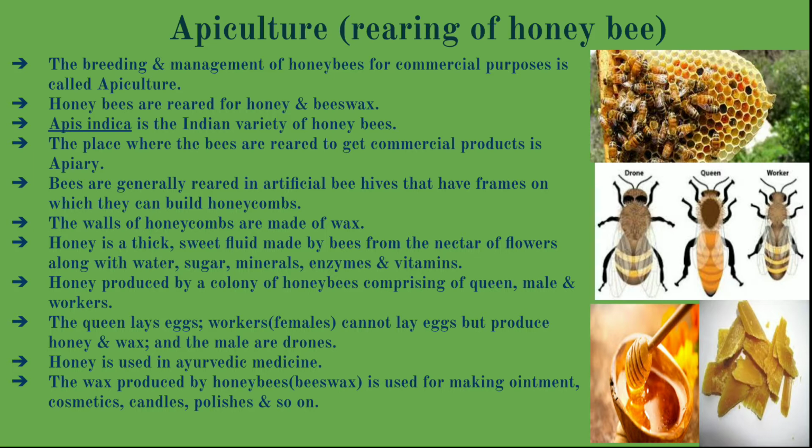The queen lays eggs. The workers are the females which cannot lay eggs but produce the honey and wax. They are sterile. And the males are the drones, which take care of the beehive and the queen also.